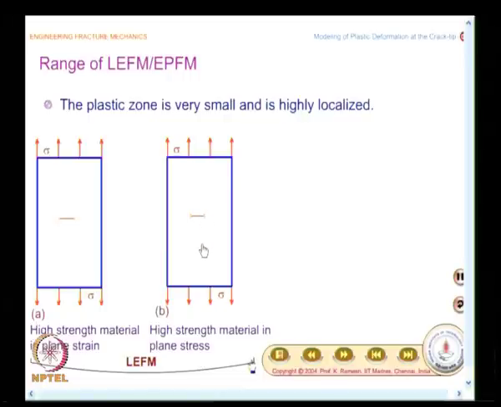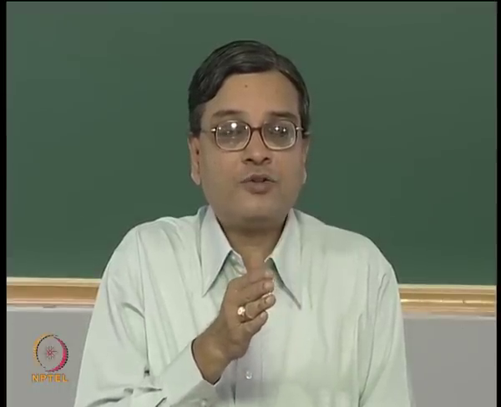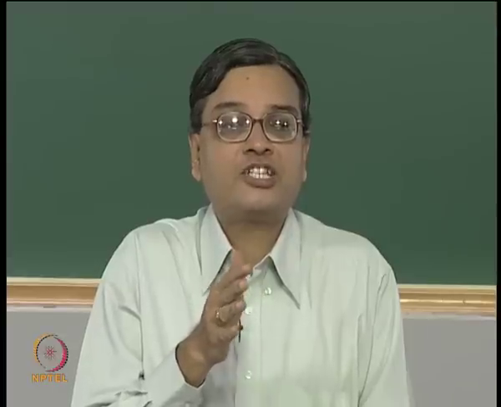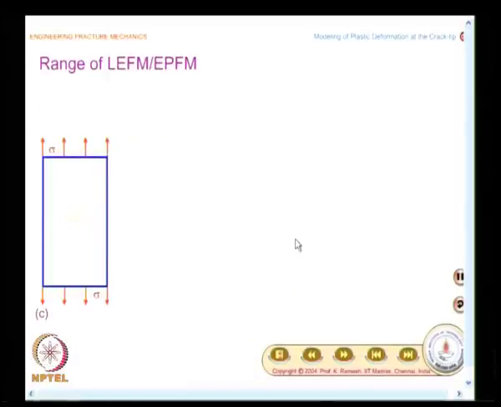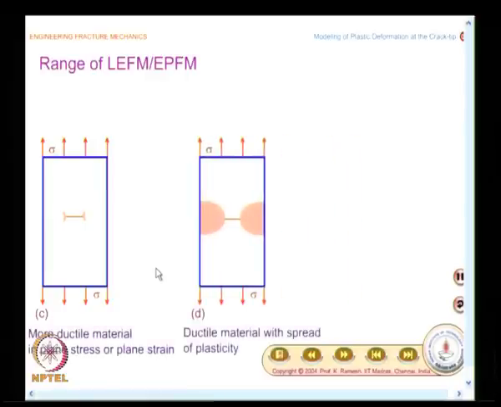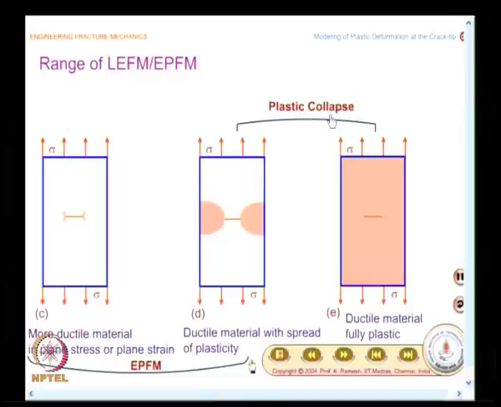So, only for this class of problems we will make suitable approximations and find out certain modifications to our way of calculating stress intensity factor, so that LEFM could be applied to a broader class of high strength ductile alloys. The moment you have a very high plastic zone, you have to go in for the elastoplastic analysis, and if the plastic zone is much larger compared to the crack and other specimen dimensions, you will have to go in for analysis based on plastic collapse.